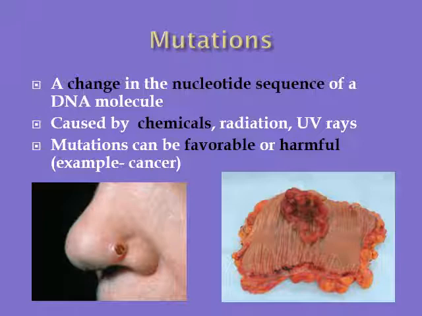Certain types of chemicals, like cancer-causing chemicals that we might find, for example, in cigarettes and alcohol. Some of those chemicals can make it more likely for mutations to occur. Radiation is another one. Not just like radiation from like a nuclear bomb, that's really bad, but also ultraviolet radiation or UV radiation from the sun.